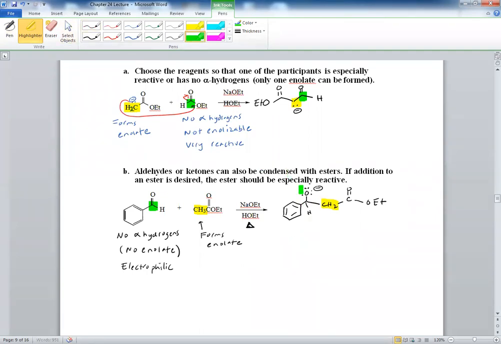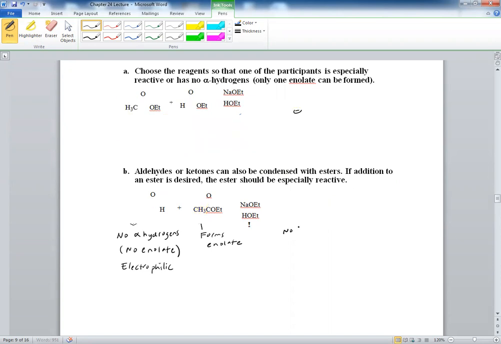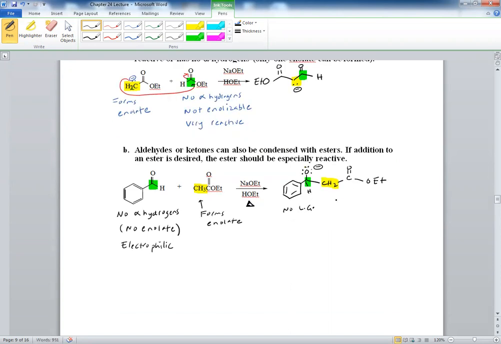Now, these electrons cannot come down and kick out either one of these groups. You have a phenyl ring and you have H, so there are no leaving groups. So what has to be done? It has to be protonated. So you protonate.